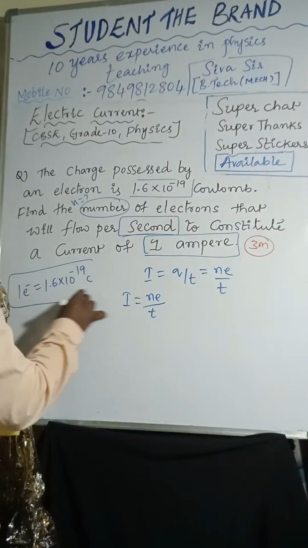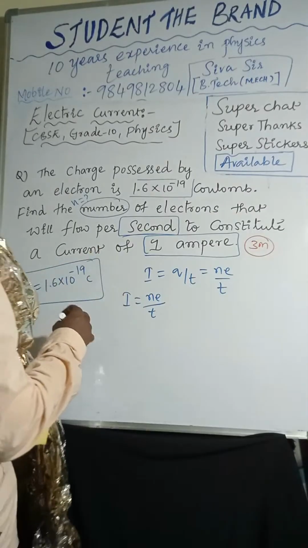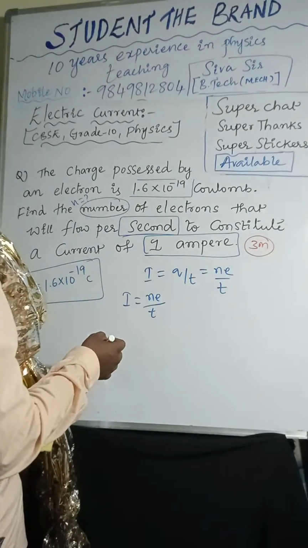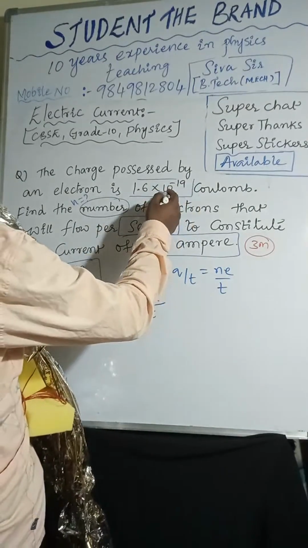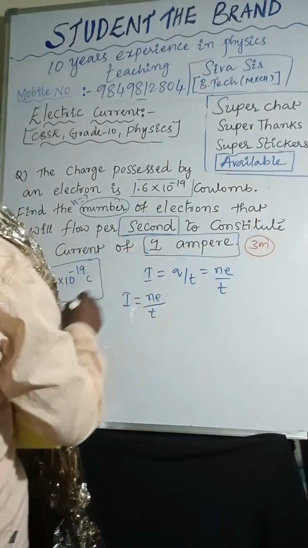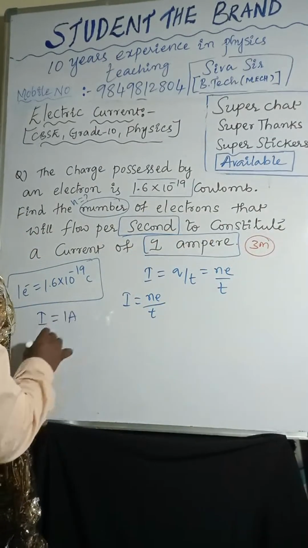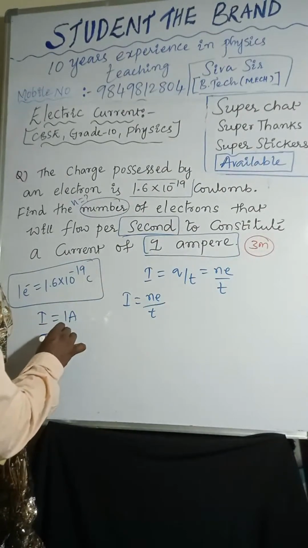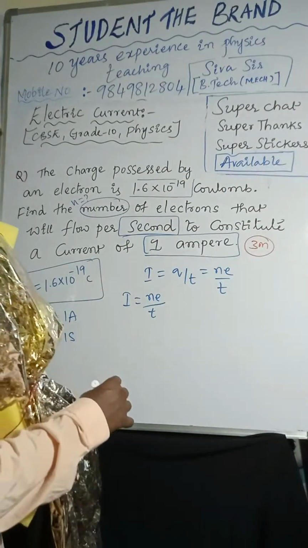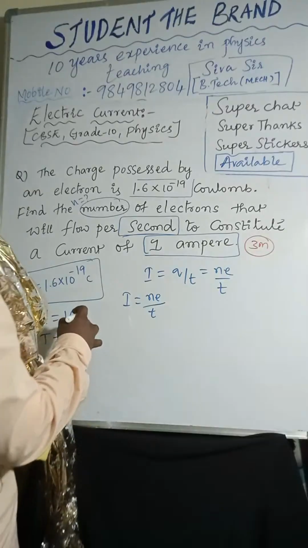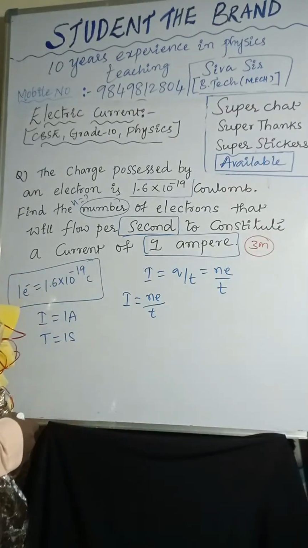They have already given this. Current equal to 1 ampere, and time equal to 1 second.